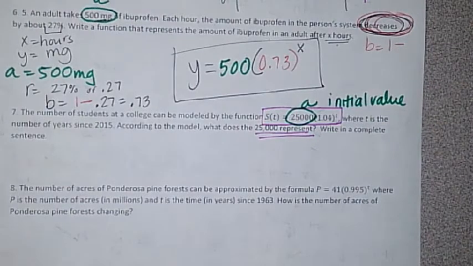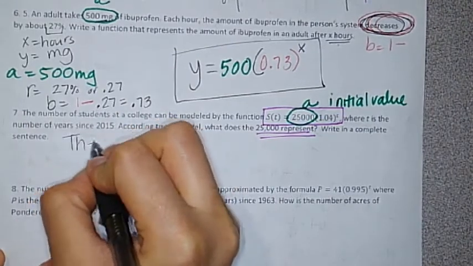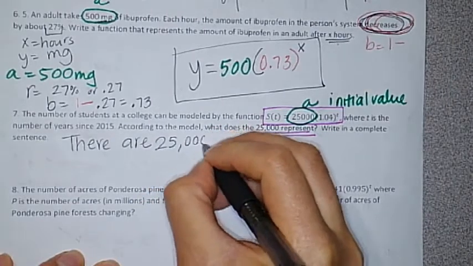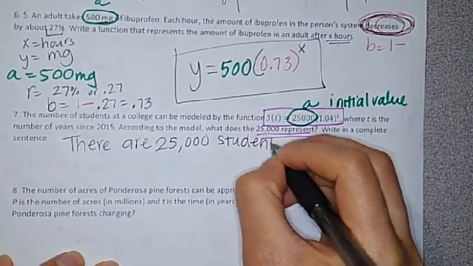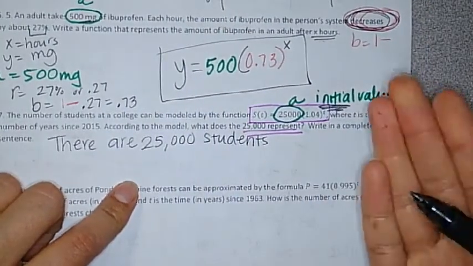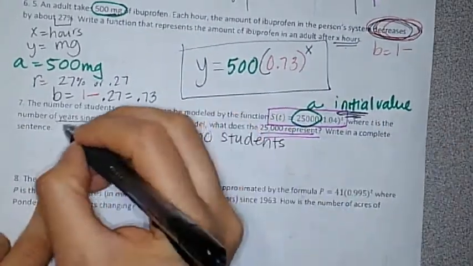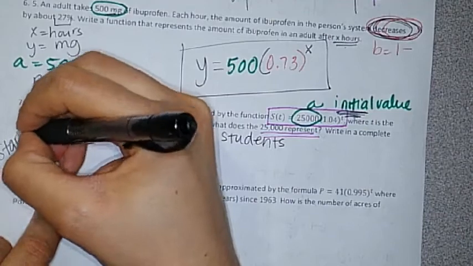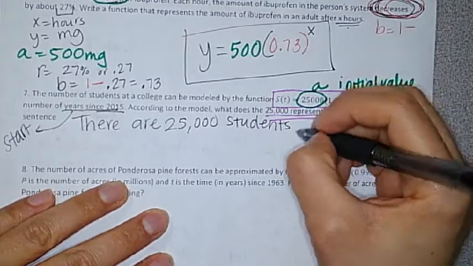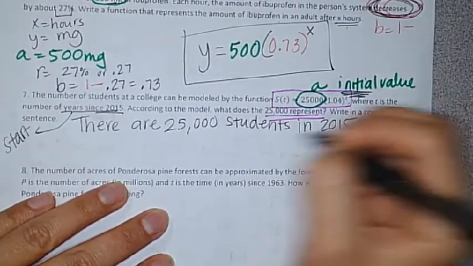But in the context of this, we're talking about college students, so that means that there are 25,000 students, and it's the initial amount, when it first started. We notice that it's years since 2015, so this is where the start of this experiment was, in 2015. So there are 25,000 students in 2015. This is the initial value.